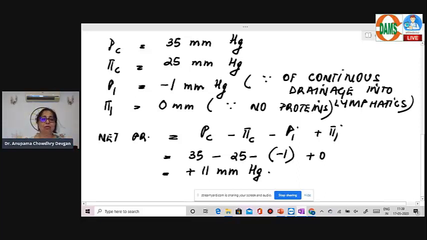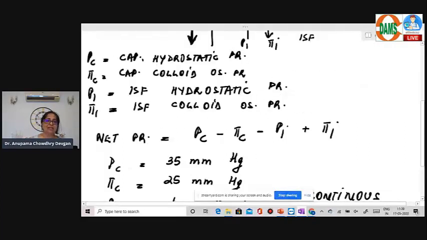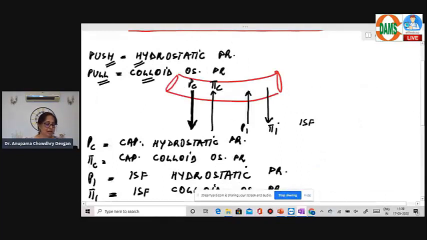The push force of the interstitium will be directed towards the capillary, and the pull force, pi I, will be towards the interstitium. Remember the direction of the arrows to decide the net pressure.